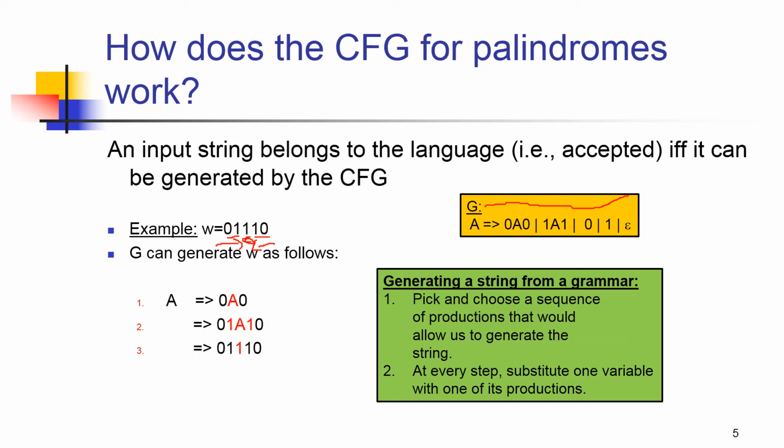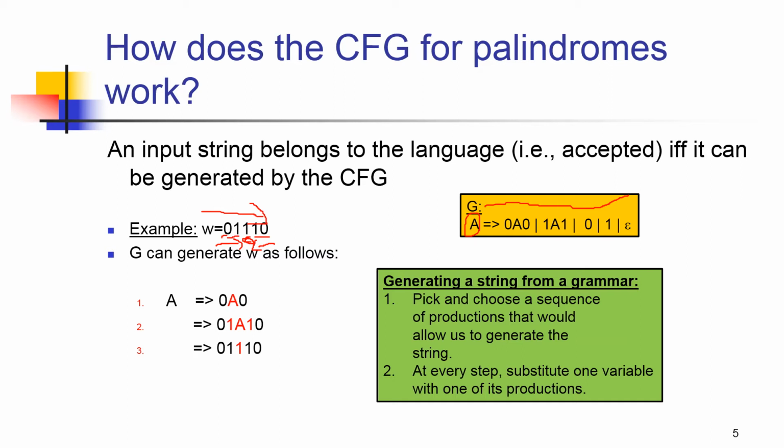Now, where do I need to start? I need to start from the starting variable. Right now, we have only one variable, capital A. So I'm going to start. But what I want first, as we have earlier done for derivation, is left to right movement. So I require 0.